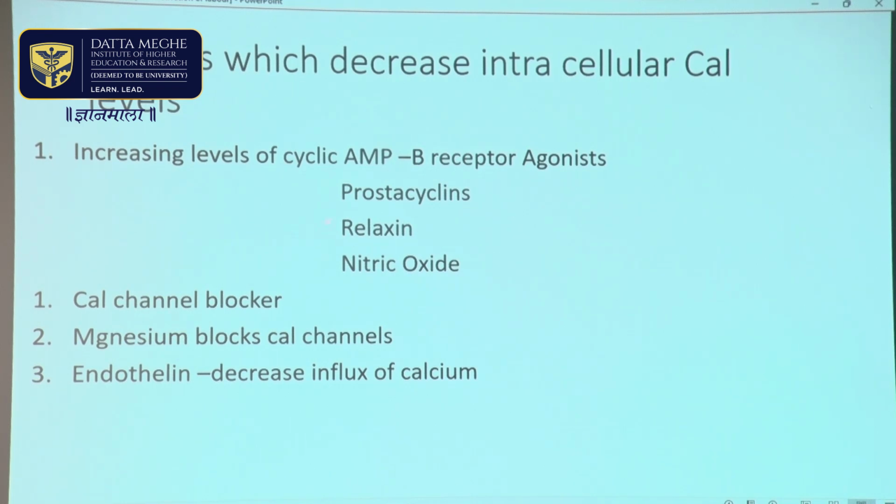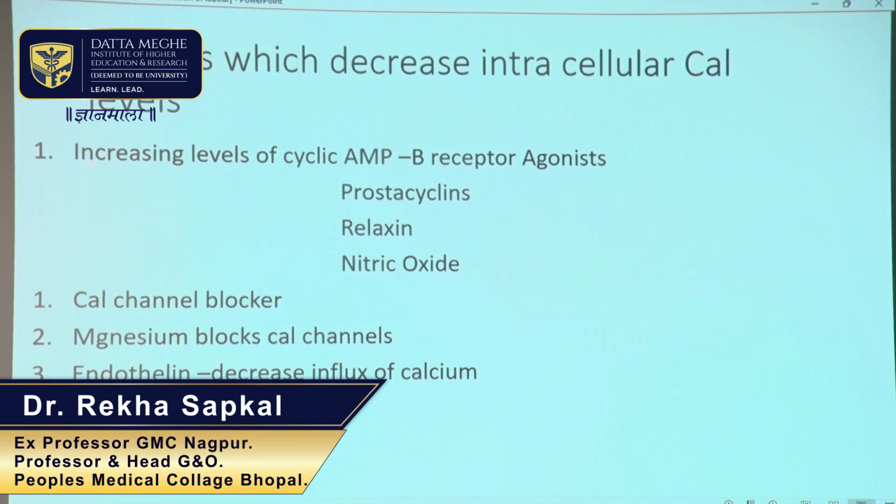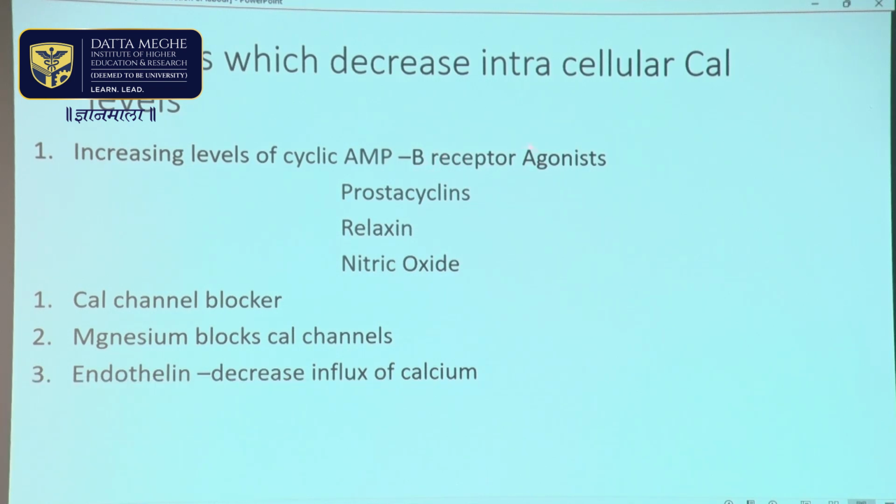The process where there is decrease of intracellular calcium level is seen with the relaxation phase, like in pregnancy also. There, increasing levels of cyclic AMP and beta receptor agonists are effective. Increasing levels of cyclic AMP, prostacyclins, relaxin and nitric oxide help for the relaxation of the uterus.